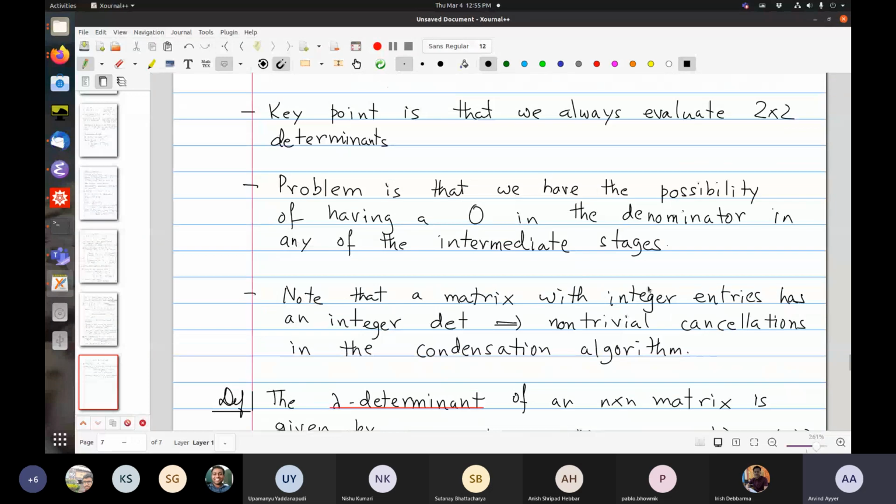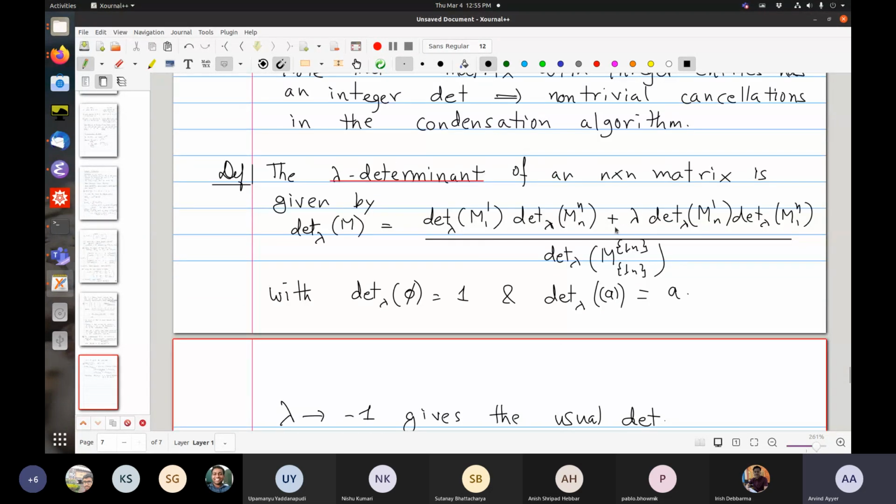I remember I had said that there are non-trivial cancellations in the condensation algorithm. So these cancellations continue. From this formula, you would not expect a priori anything but a rational function, because this is potentially a large object with denominators and so on.